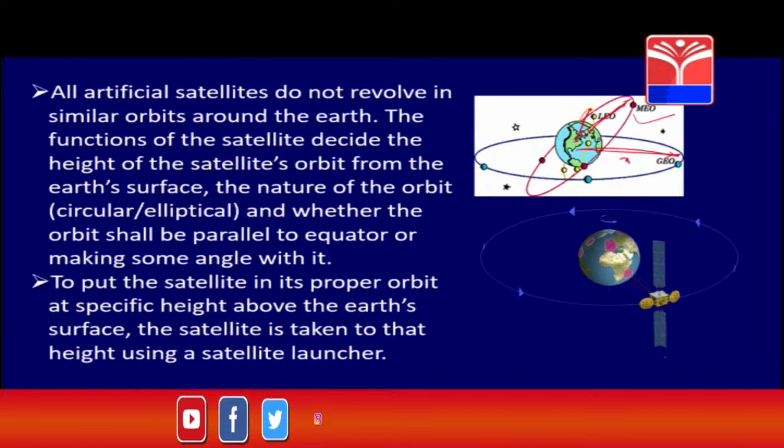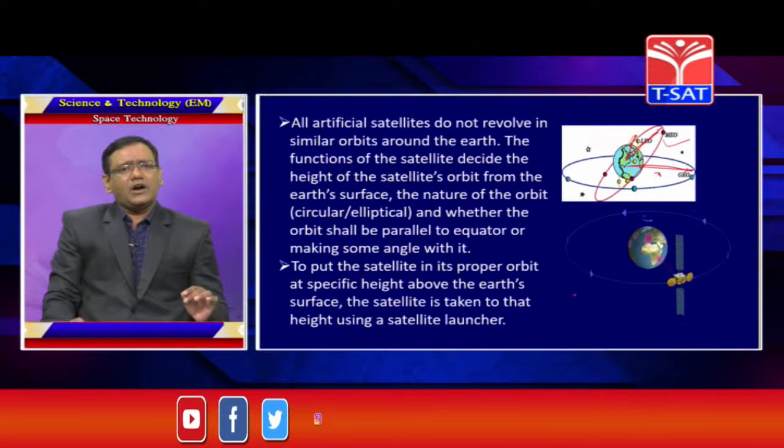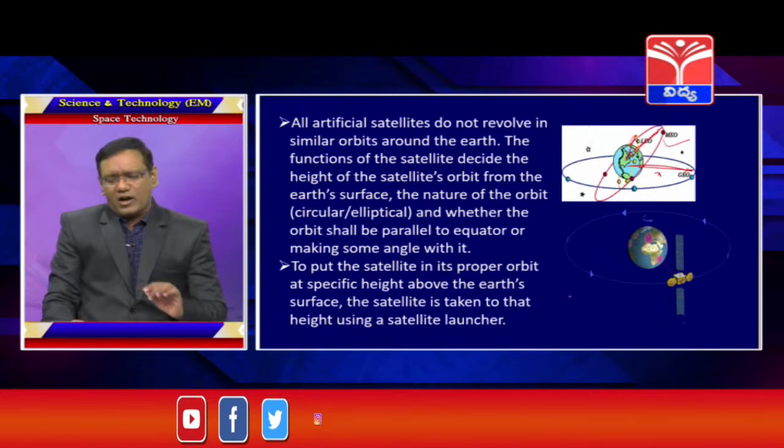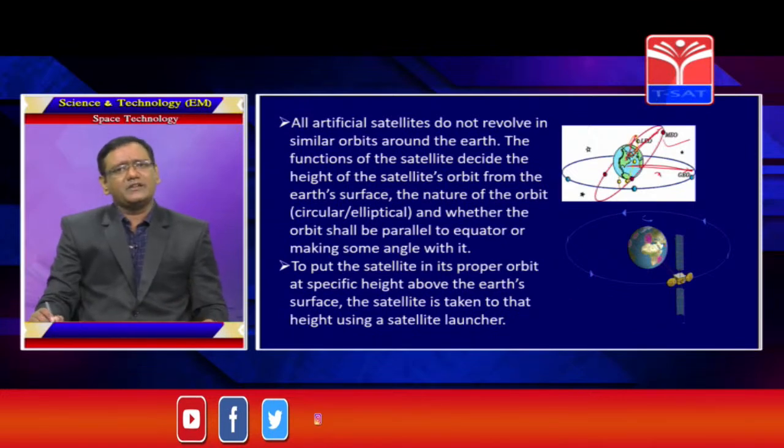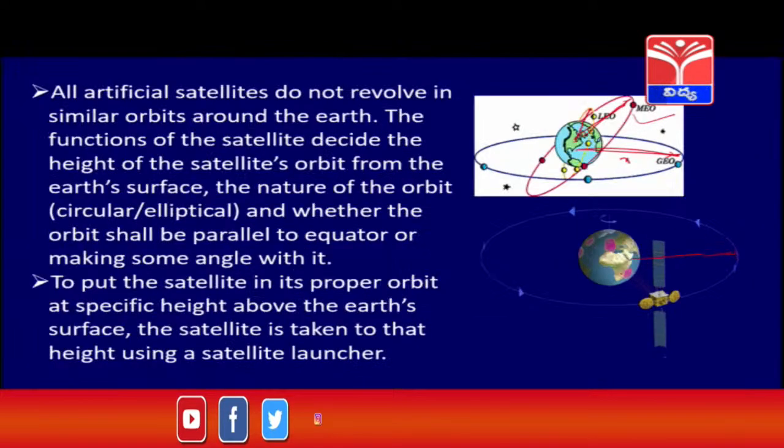To put a satellite in its proper orbit at a specific height above the Earth's surface, the satellite is taken to that height using a satellite launcher. If we want to keep the satellite in a particular orbit, we have to take it to a particular height and then keep it in that orbit.